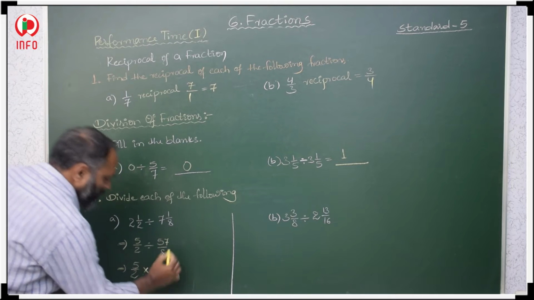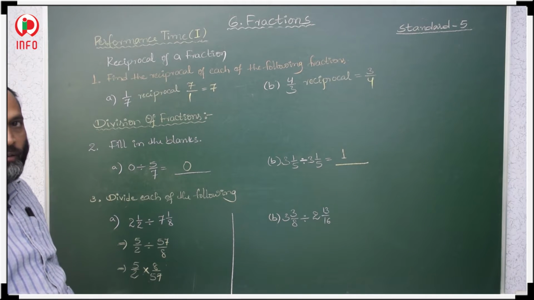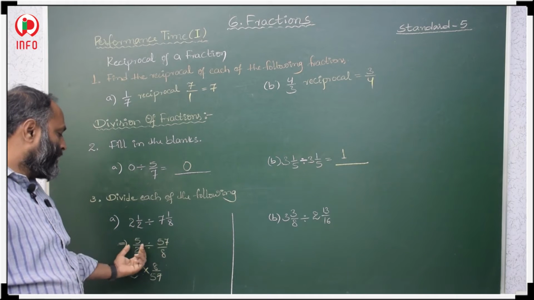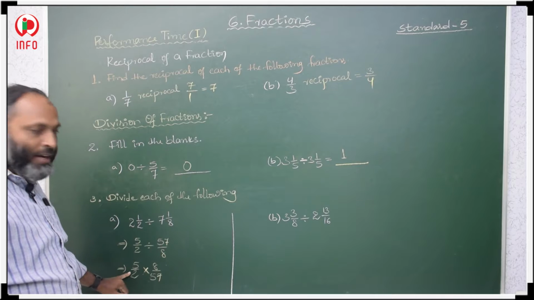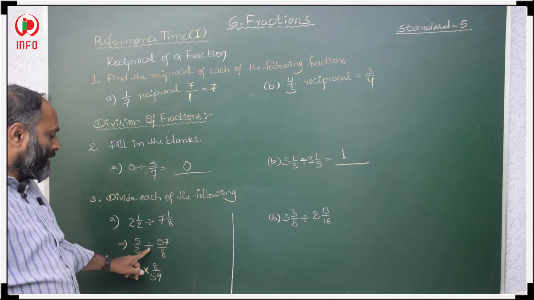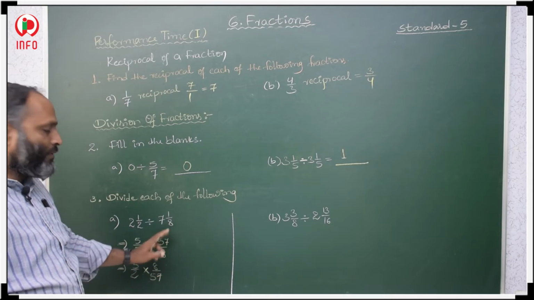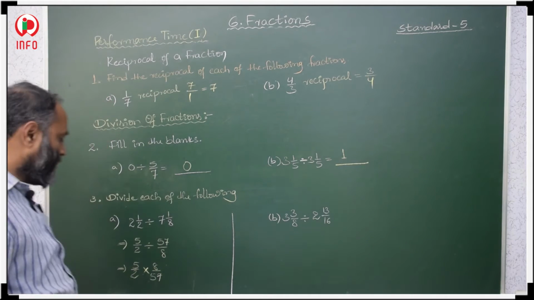This is the method of division. So how to divide? First this mixed fraction we convert into improper. Then the first fraction we take as it is. This division sign we change to multiplication. Then the second fraction's reciprocal we take. This is the method to divide fractions.